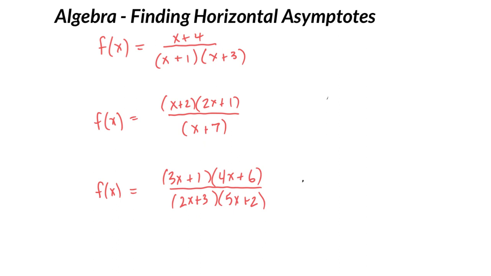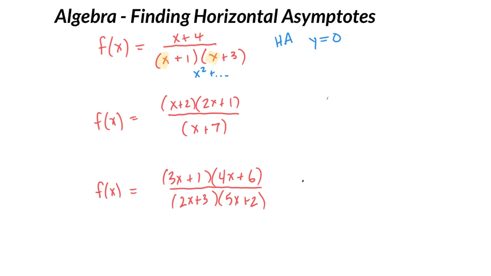So on this first example, here's what we have to do. We have to think about the fact that the top is x, but the bottom, if we were to multiply it out, would be x squared. Now, there are certainly more terms, but the bottom would be x squared and then some other stuff. The highest powered thing is in the denominator, because expanding it would lead to an x squared. So our horizontal asymptote is y equals 0.